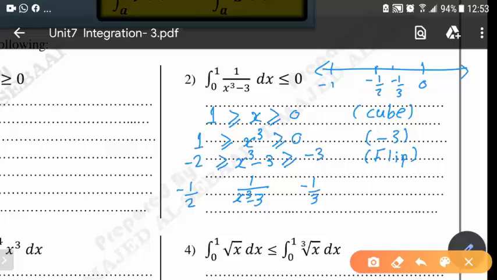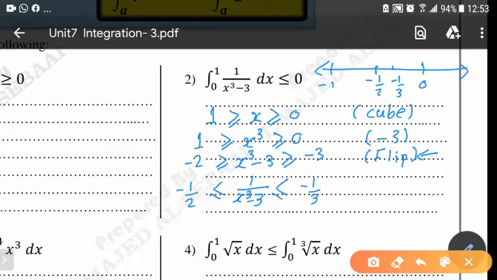So as you can see, minus 1 over 3 is bigger than minus 1 over 2. So I need to reverse the sign of the inequality. Why? Because when I flip, I have to reverse the sign of the inequality. You understand? Do you feel that?